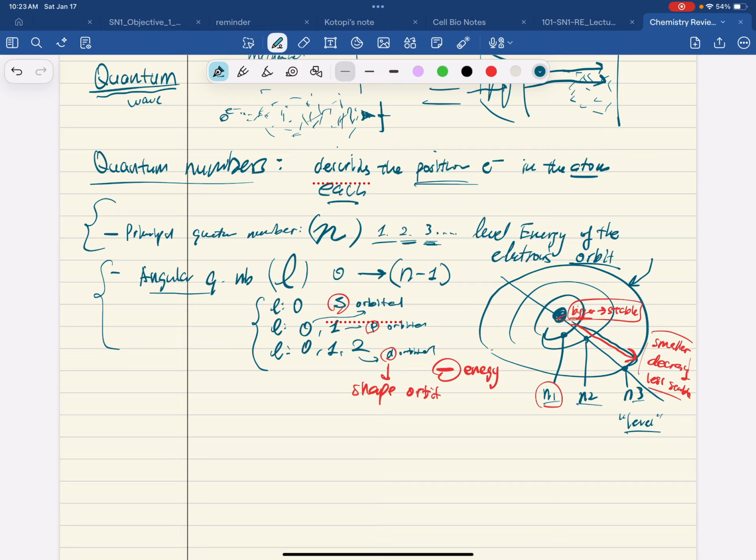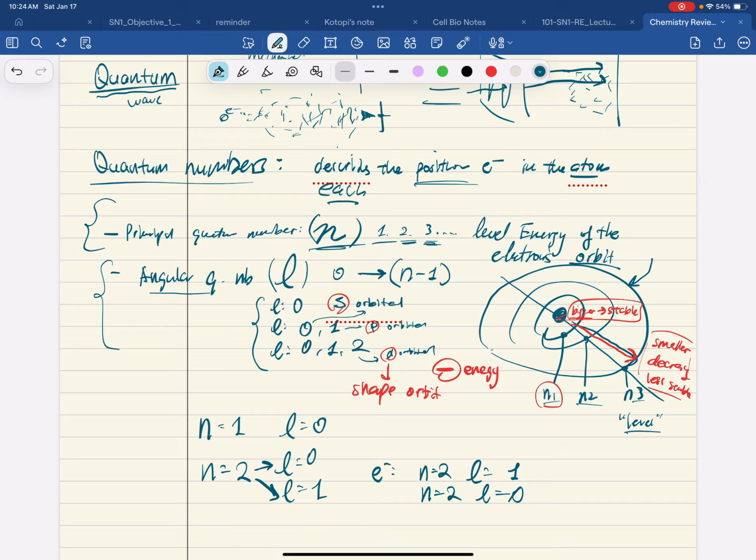In each n level, there could be different L levels, depending on what n is. So if n is equal to 1, L will only be 0. But if n is equal to 2, L could be 0 or 1. So there could be an electron that has n equals 2 and L equals 1, and there could be an electron that has n equals 2 and L equals 0 as well.